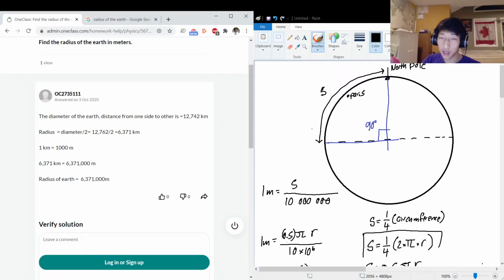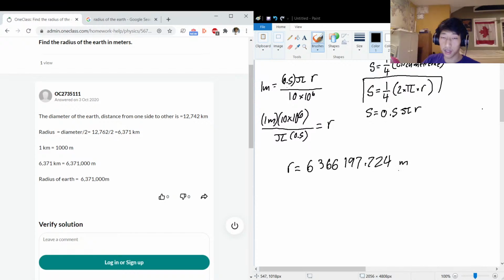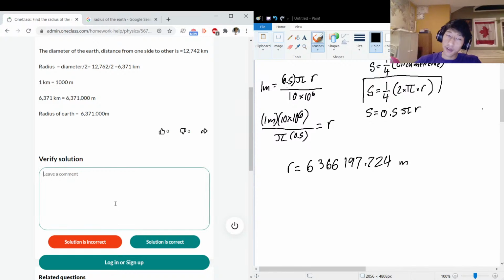Yep. And we see when we do that calculation to find the radius of the Earth, we can find a fairly good approximation of it. Now here in the answer, they used the diameter. Kind of got to say that if you have the diameter, you would never be asked for the radius.